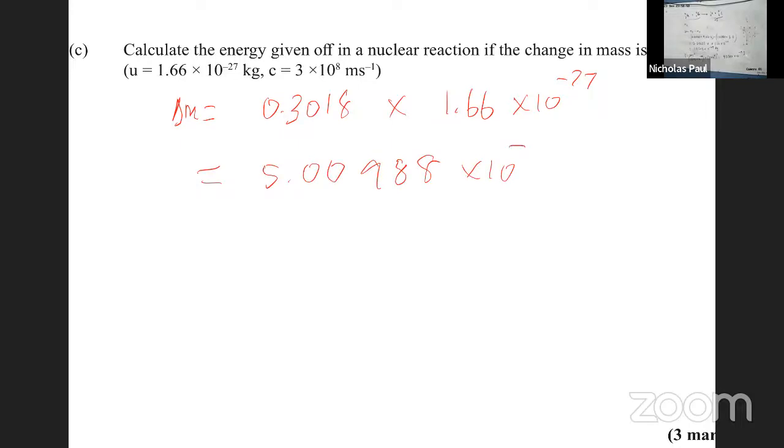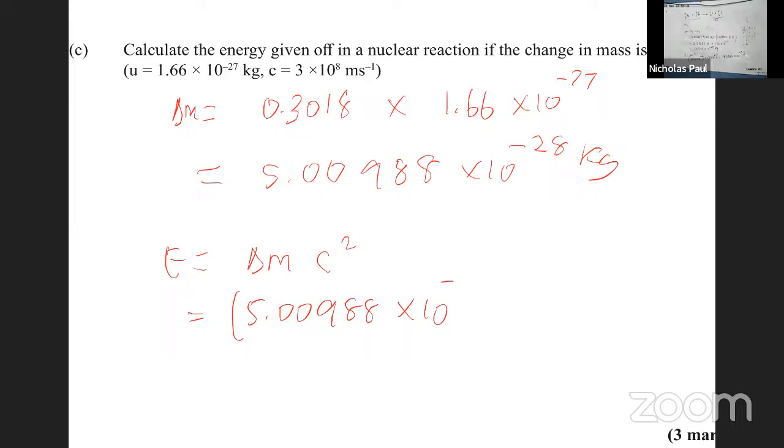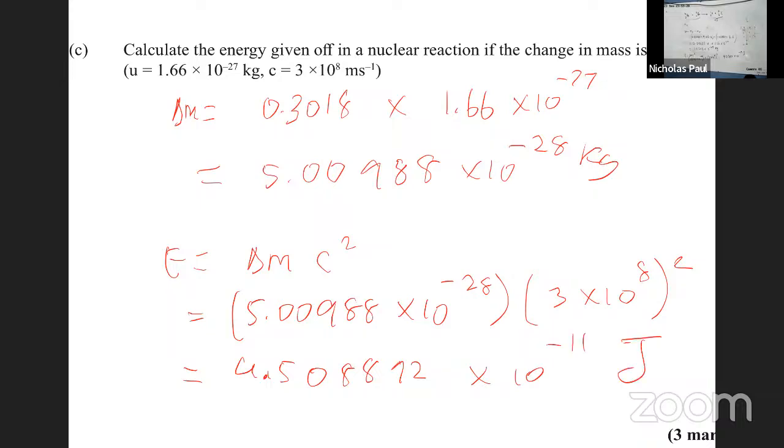And then you want to find the energy. So the change in mass by the speed of light squared, right? So that'll be 5.00988 by 10 to the, by 3 by 10 to the 8 squared. 4.5. Yes, I get it. What's my work today? The formula, I substitute, I do everything.